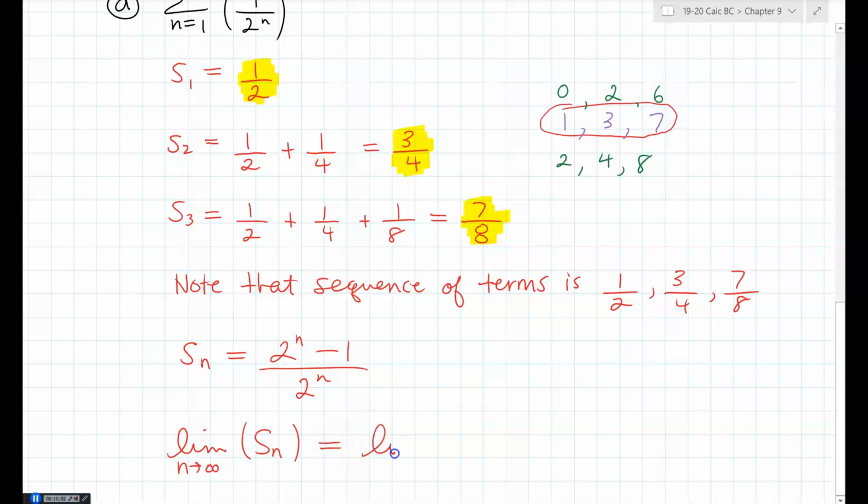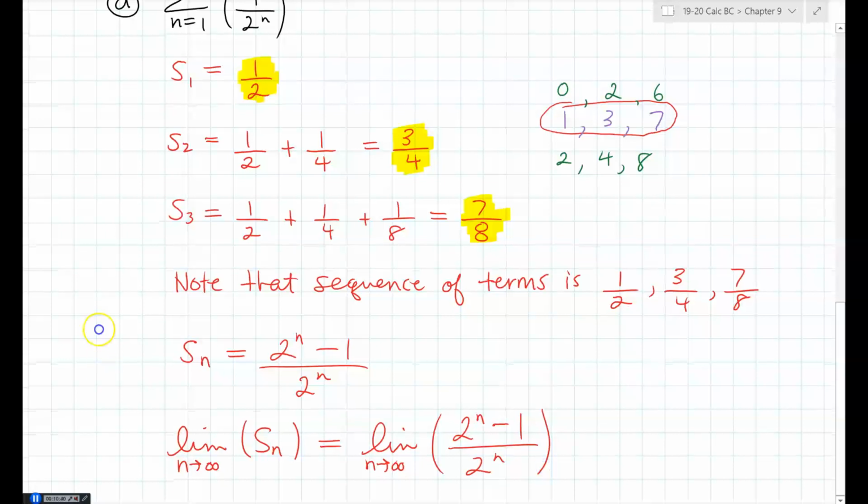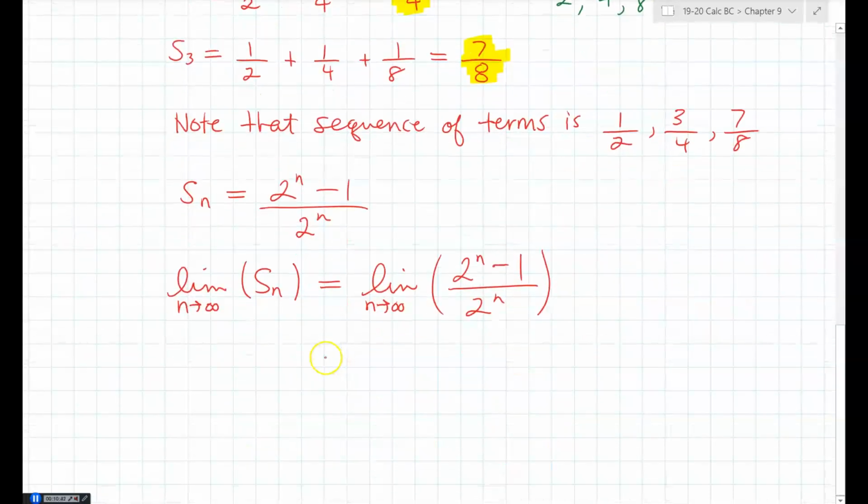In other words, what's the limit as n approaches infinity of 2 to the n minus 1 over 2 to the n? What do we get for that? Not 0, because this right here grows at the same rate, right? It's just going to be a 1.